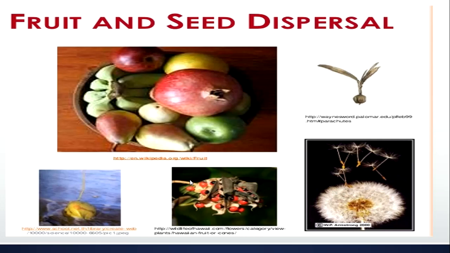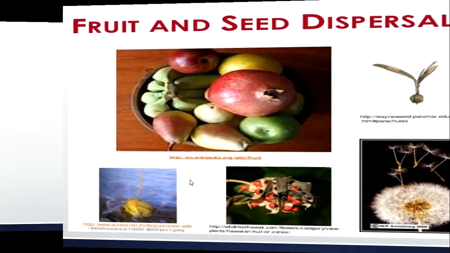So this means that animals also help to disperse seeds from one place to another. Wind can do that, animals can do that. Animals include insects, which are good pollinators of pollen also. Or birds, for example, can eat fruits and then digest the seed, and a new plant can grow.